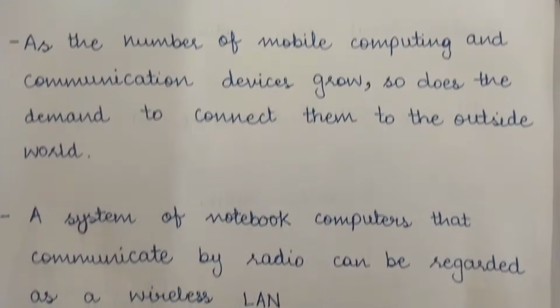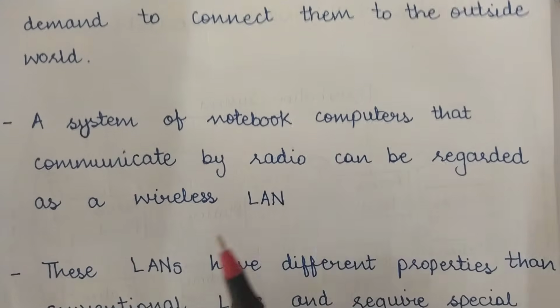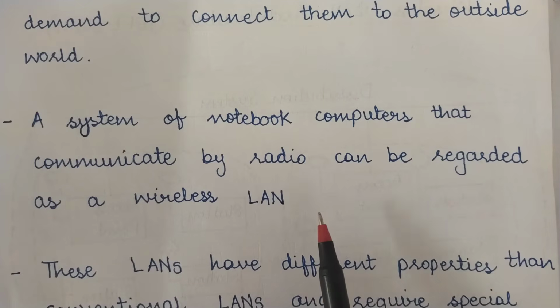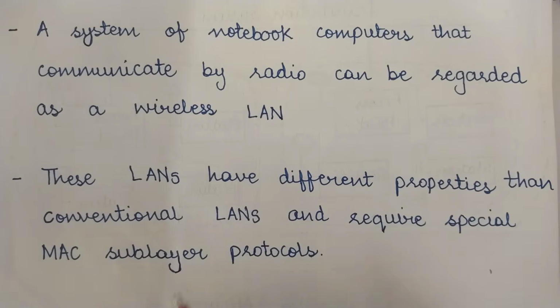So basically, a system of notebook computers that communicate by radio communication can be regarded as a wireless LAN. Any such mobile devices or notebook computers that can communicate through radio communication can be thought of as wireless LANs. These LANs have different properties than conventional LANs.